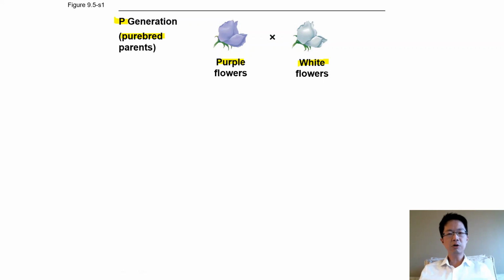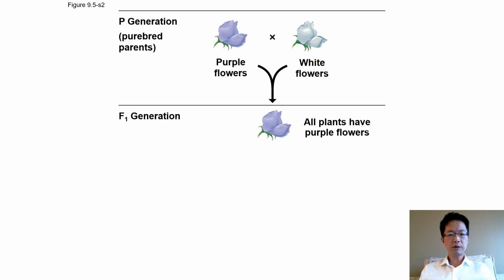Then he used those plants to cross each other, and then he got the F1 generation. And the F1, they are all purple. All purple.